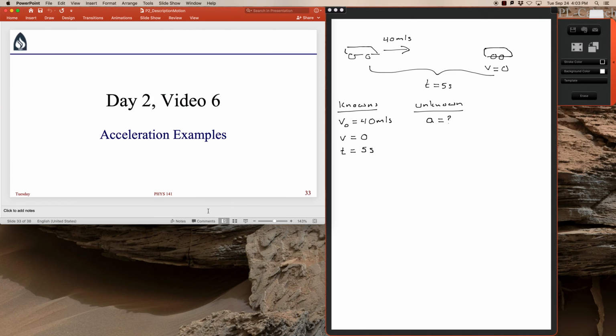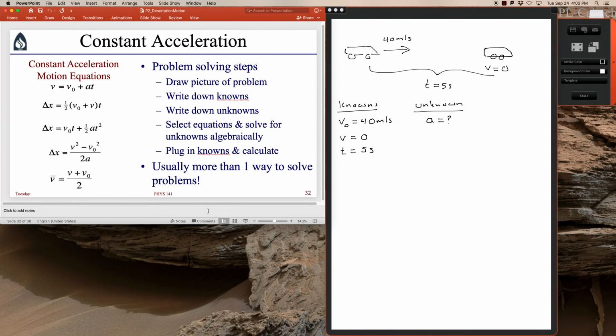So next, I would take a look at my constant acceleration equations. And if I take a look at these equations, I want one that involves the initial velocity, maybe the final velocity and time, and definitely has acceleration in it so that I can solve for acceleration. And looking at these equations, it looks like the very first one would work. It has final and initial velocity, it has time, and it also has acceleration.